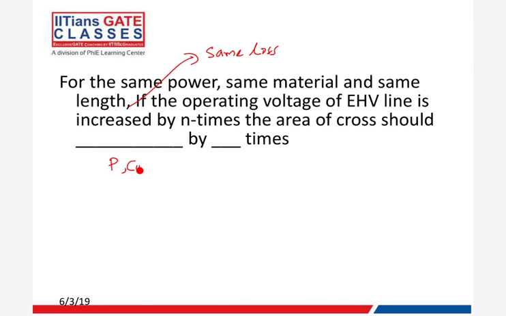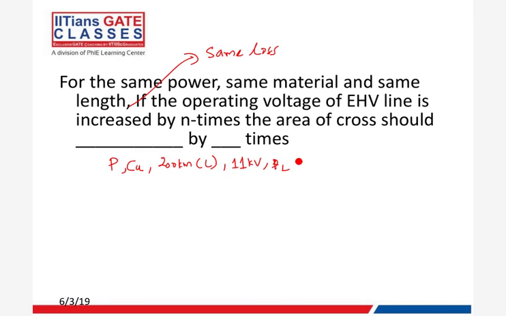We use aluminum, but for the sake of the question, let's consider copper, and we are transmitting it over 200 kilometers, or let's consider it as L. Suppose the initial operating voltage is 11 kV, and suppose the loss is 2 megawatt, or P loss, which you consider as PL, right?